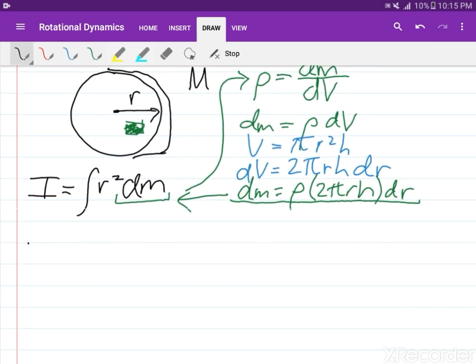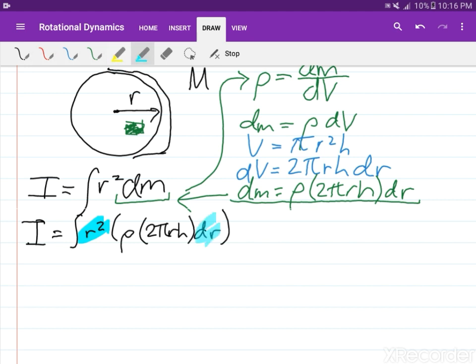So we get I equals r squared times rho times 2 pi r h times dr. Now we can integrate with respect to r, because earlier this r cannot be integrated with respect to dm. That is our goal, to express dm in terms of r.